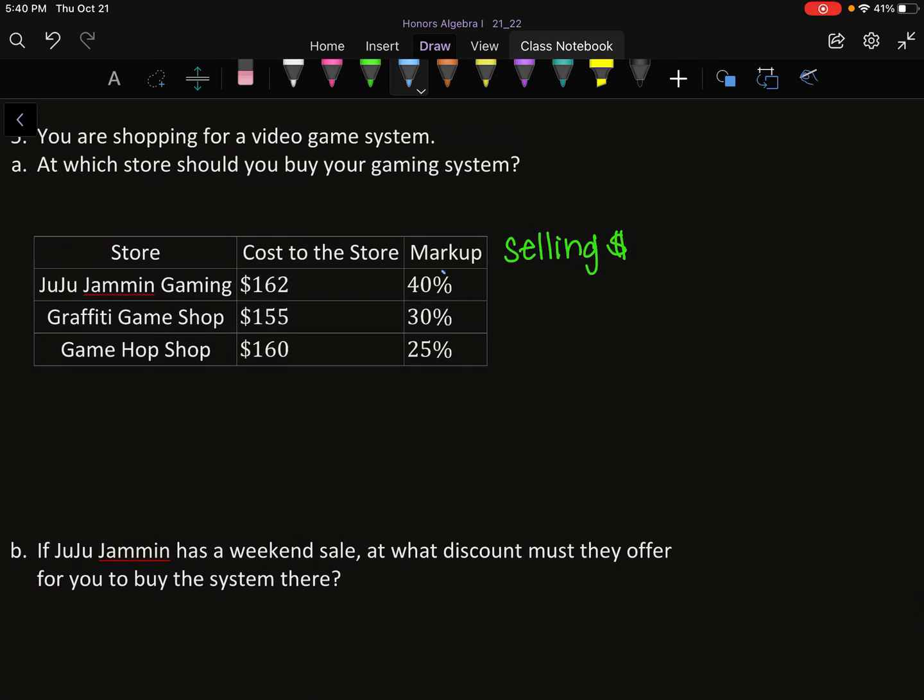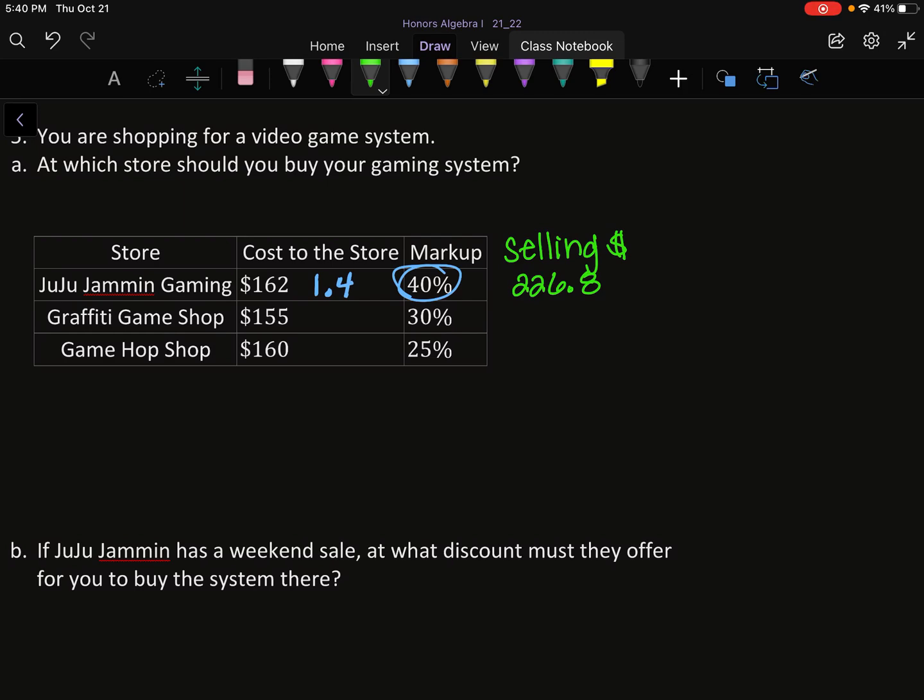If it's a 40% markup, I'm paying 100% and then adding on a 40% markup. So I'm going to do 162 times 1.4, and that gives me a selling price here of 226.8.